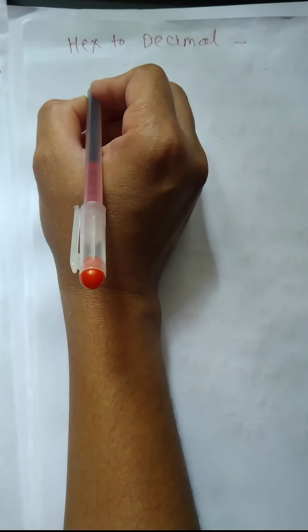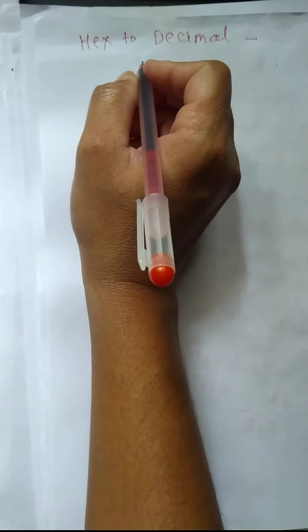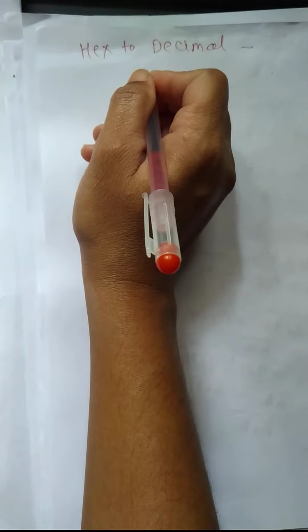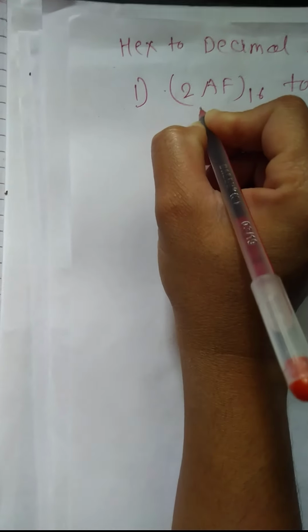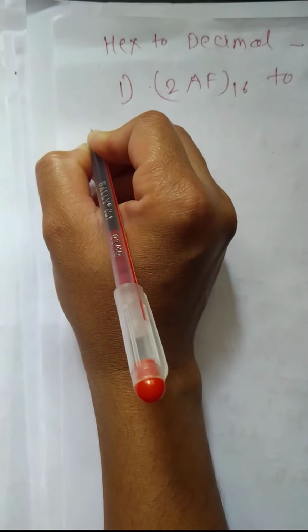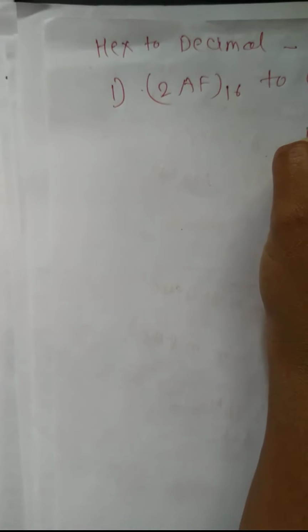All the digits on the left side are multiplied by positive powers, and the digits on the right-hand side of the decimal point are multiplied by negative powers of 16. The first example is 2AF. This is a hex number that is converted to decimal. Left-hand side numbers are multiplied by positive powers, and right-hand side numbers are multiplied by negative powers.